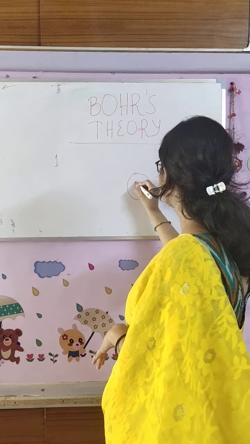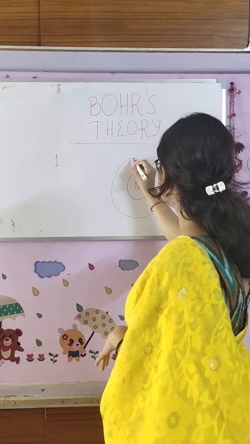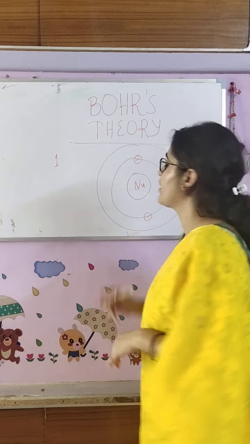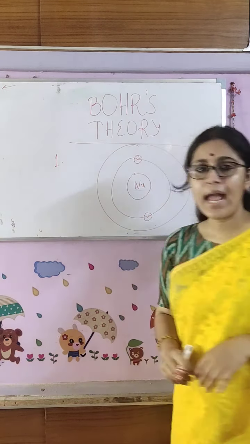So around the nucleus, in different shells, electrons are revolving and they have a definite amount of energy, and they neither gain energy nor lose energy in this state. When the electron is in the first shell, the K shell, it is their home. As we are stable in our home, the electrons are also stable in their own home.